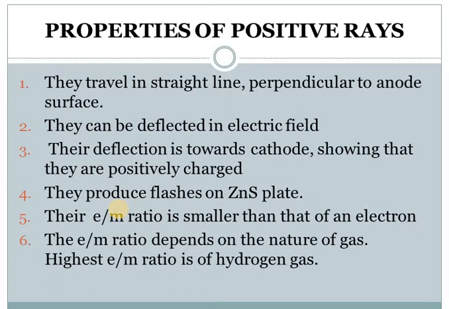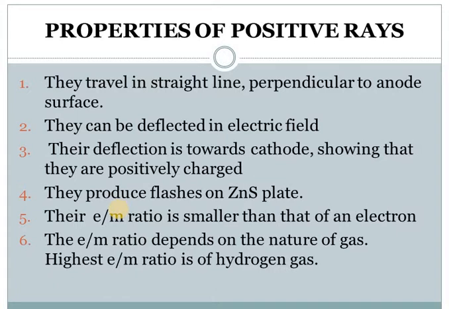Second, they can be deflected in an electric field. It means that if an electric current is passed separately and these rays or particles pass through it, all of them will be attracted towards the negative electrode, that is the cathode, because they themselves are positively charged particles. So they will be attracted towards the opposite electrode, the cathode.